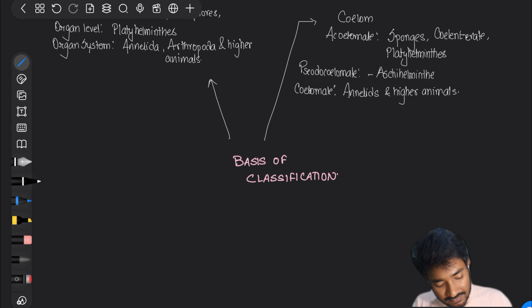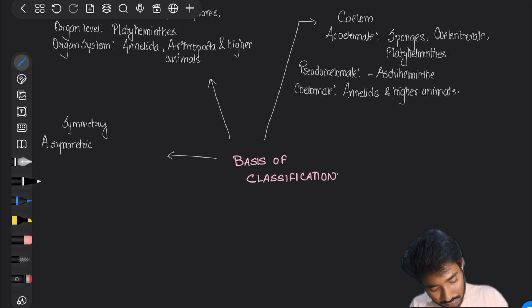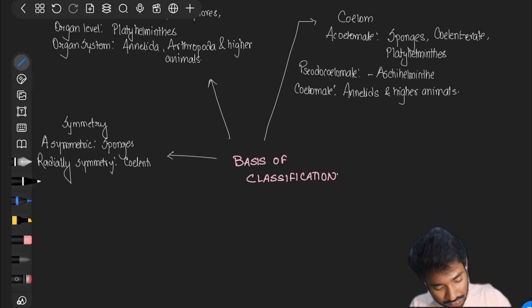Okay. Now, in the case of symmetry: asymmetric, it is sponges. Radial symmetry: coelenterates, adult echinoderms, ctenophores.